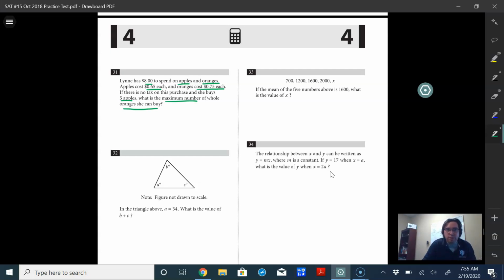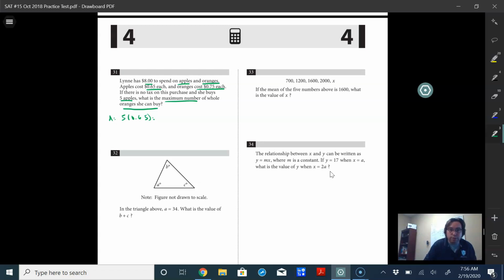Okay, so we see that she is going to buy 5 apples. There's no tax, and apples cost 65 cents each. So what she spent on apples is going to be 5 times 0.65. Using our calculator, 5 times 0.65 gives me a value of 3.25.